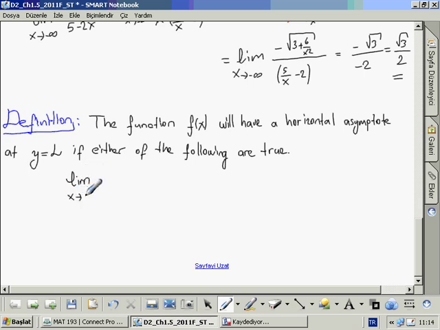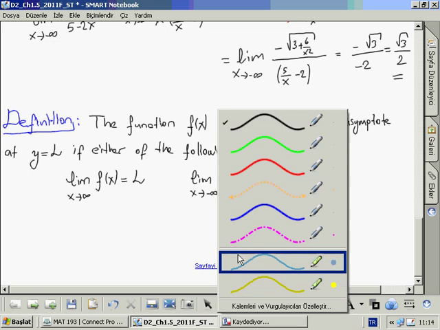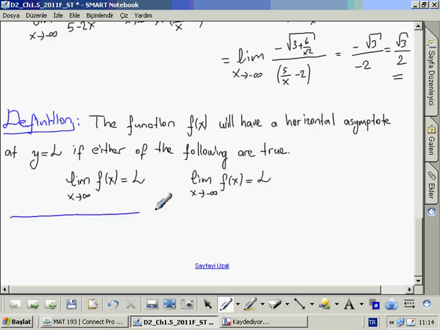The limit as x goes to infinity of f of x equals L, and the limit as x goes to minus infinity of f of x equals L. Okay, this is our definition about the horizontal asymptotes.